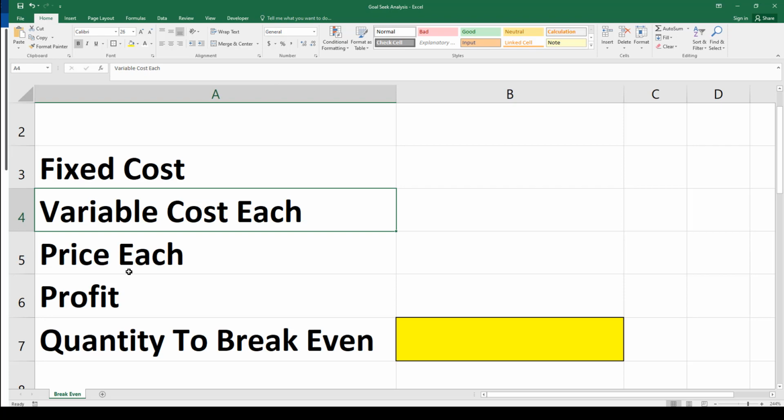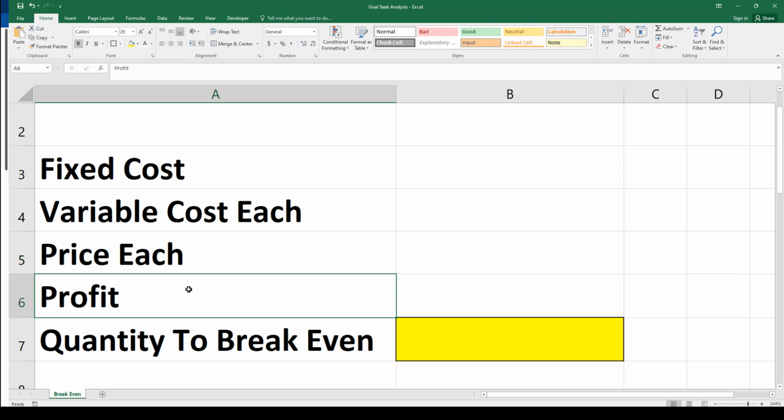And variable cost, again, is a cost that you incur based on producing an output. Price each is the price that you're selling that particular unit for. So that's why we have each and each. Profit, that's the difference between your price and your costs.